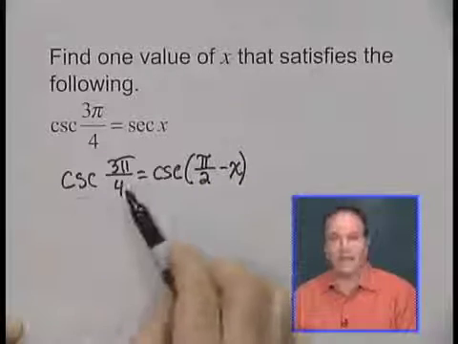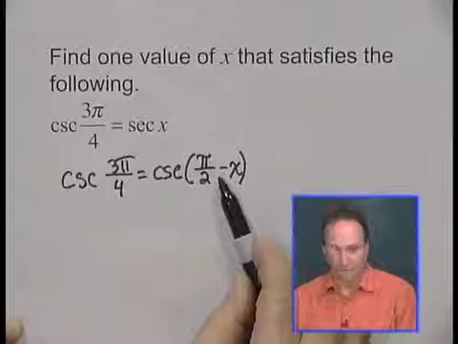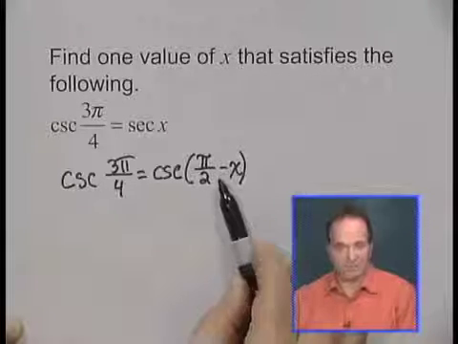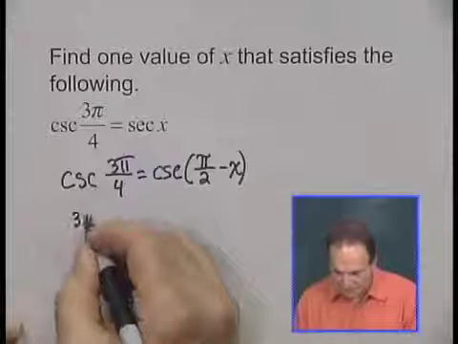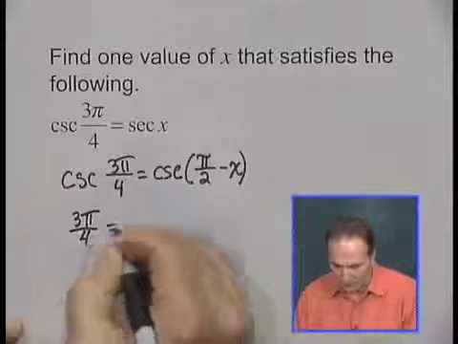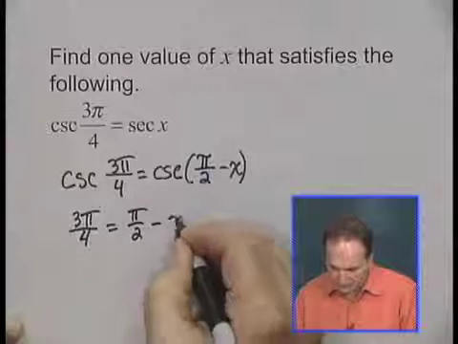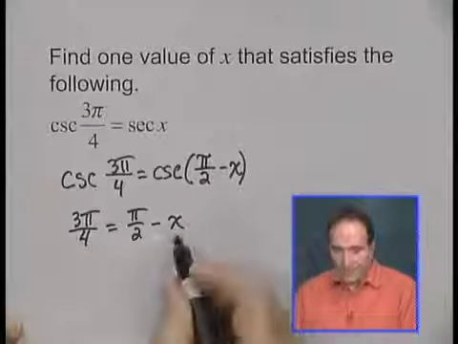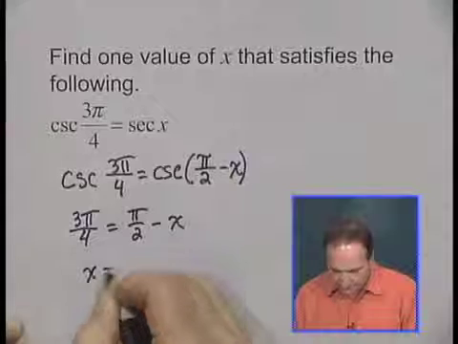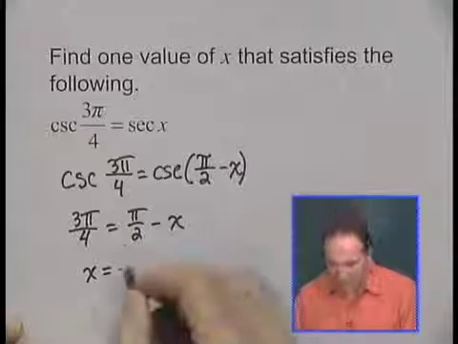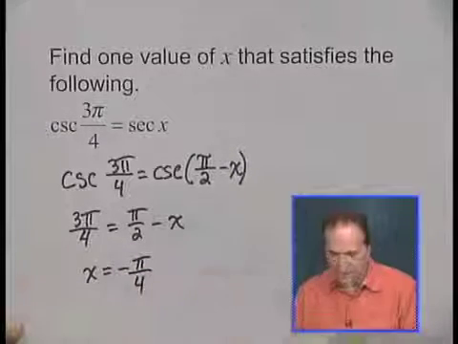Well, we have the cosecant of an angle equals the cosecant of this angle, so this angle must be equal to this angle. That is 3 pi divided by 4 must be equal to pi divided by 2 minus x. Solving for x, we will end up with x is equal to negative pi divided by 4.